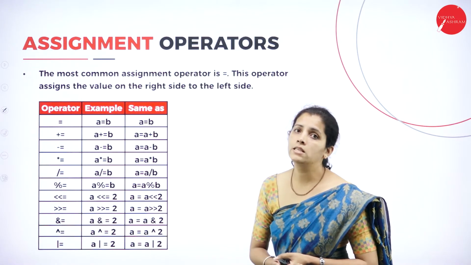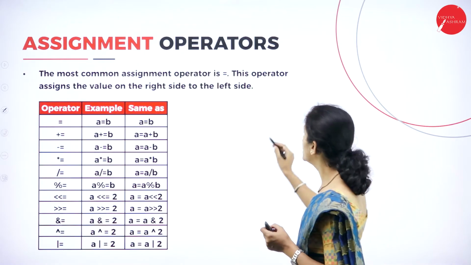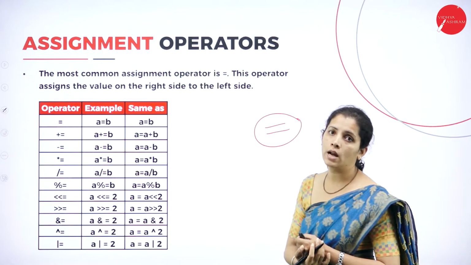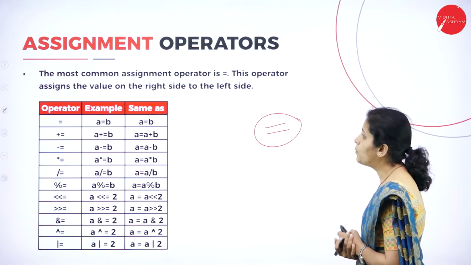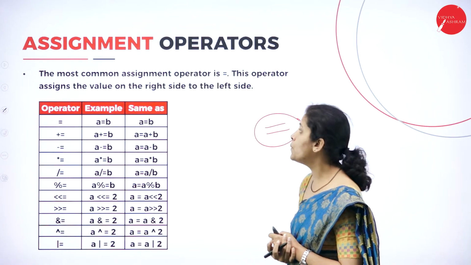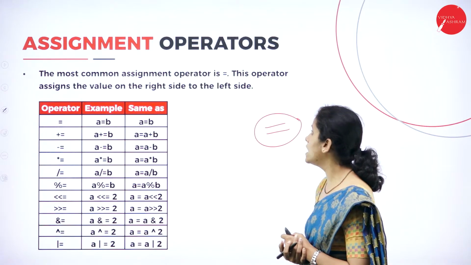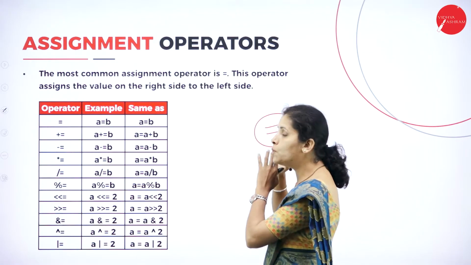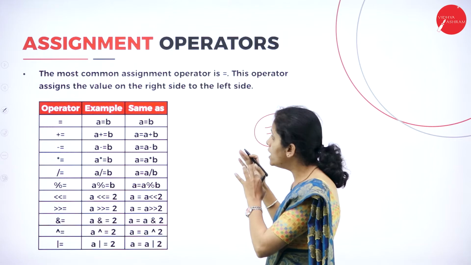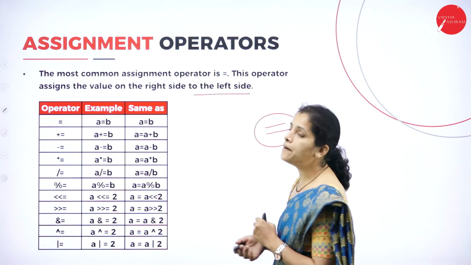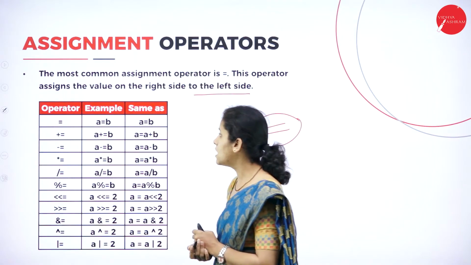So what is this assignment? That is nothing but the equal symbol, and these operators are known as assignment operators. This operator always assigns the value on the right side to the left side, and this is the example here.